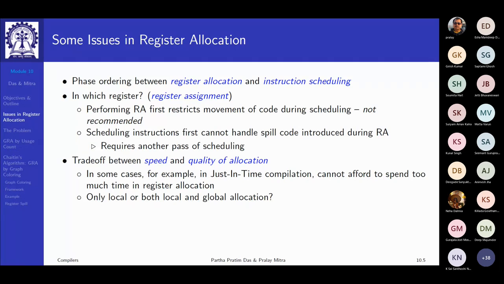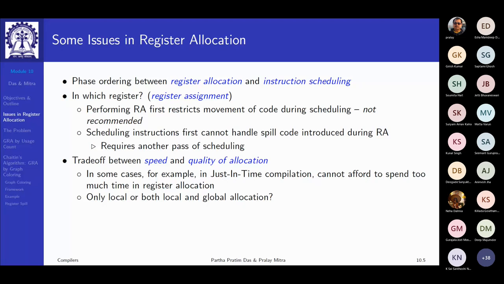That is the fastest you can generate code. And if you do totally globally optimal register allocation, you are trying to solve a hard problem, even though approximately possibly, but you will need a lot of time in doing that.